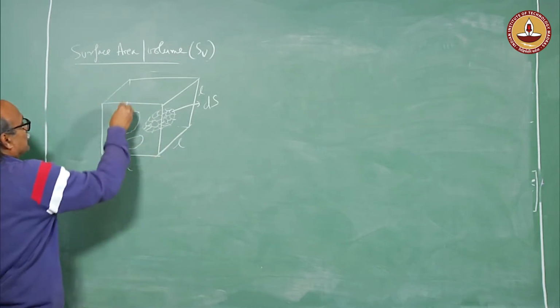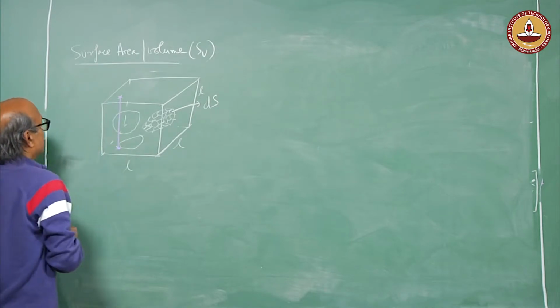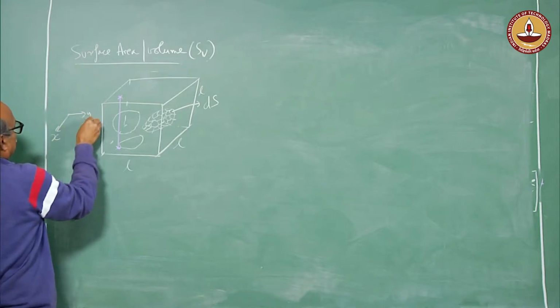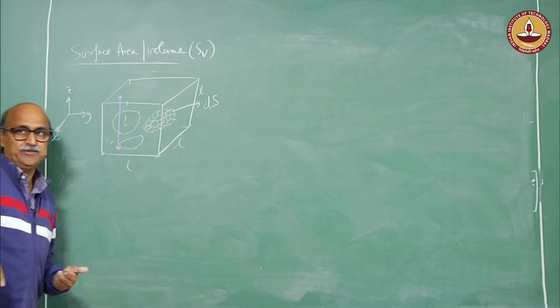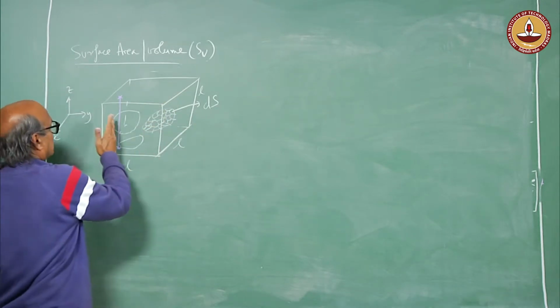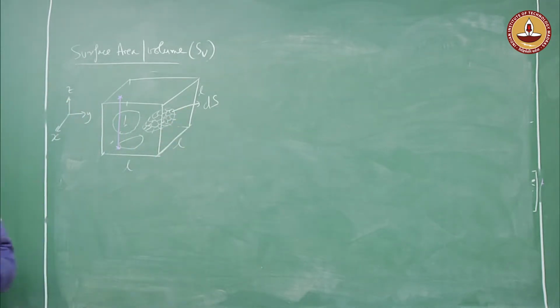Now, I introduce a line probe parallel to the z axis, but positioned randomly. What is the probability that this line probe will intersect any one of these surface elements?